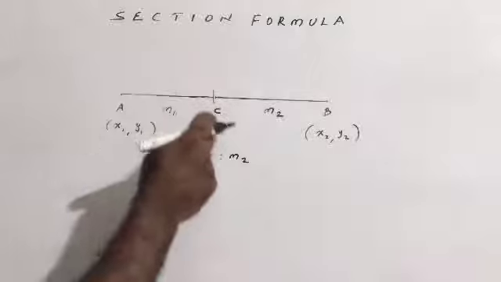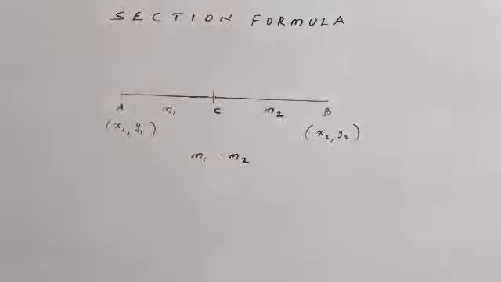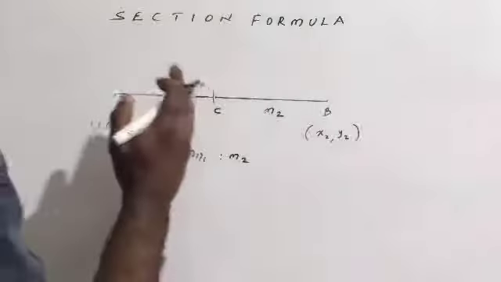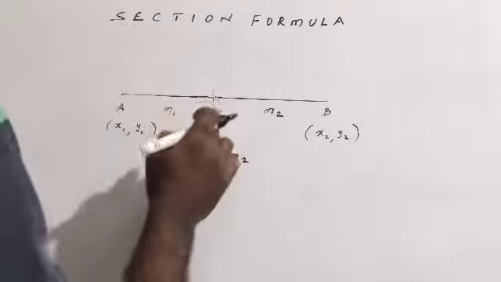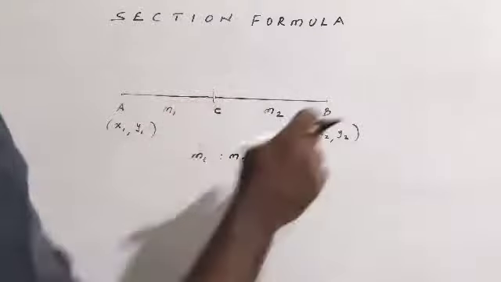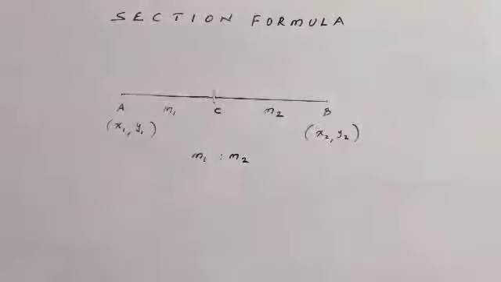The point C divides the line segment into two parts. So two parts mean we can consider it a bisection because it's divided into two parts. Bisection means two parts. So the line segment AB is divided into AC and CB.